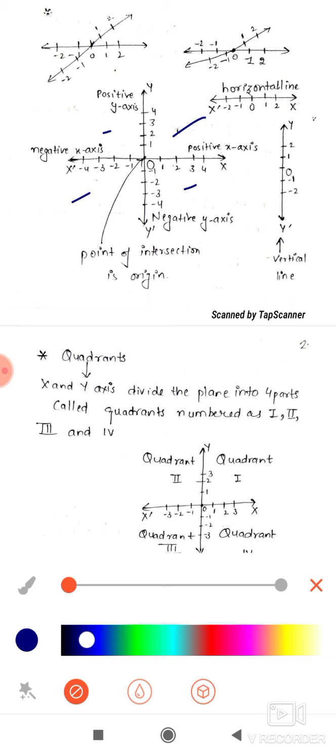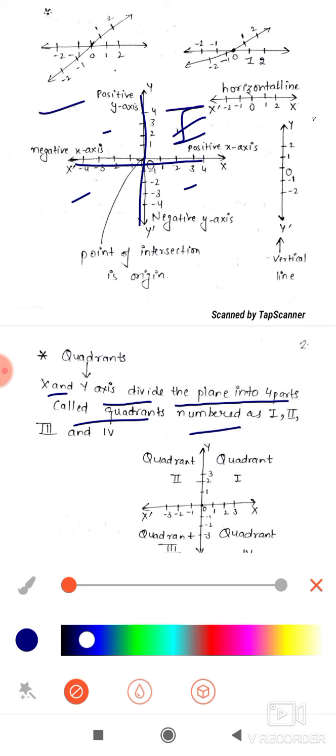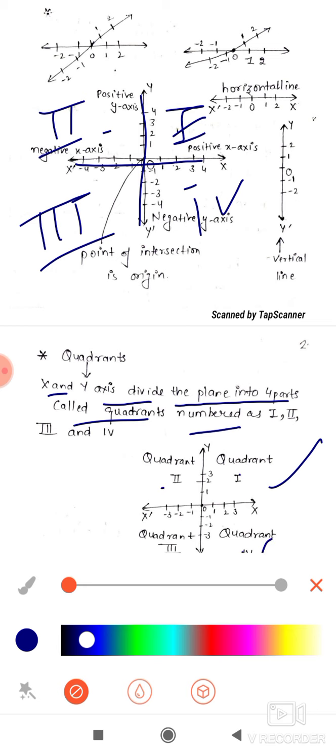The x and y axes divide the plane into four parts called quadrants, numbered as first, second, third and fourth. These are the quadrants. Fine. I have written it over here also: first, second, third and fourth.